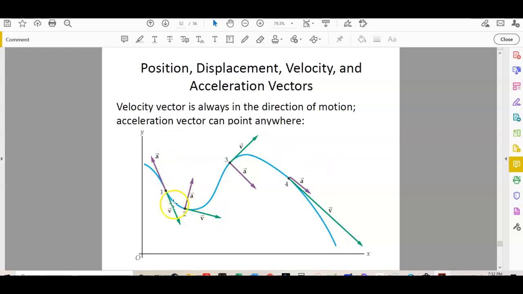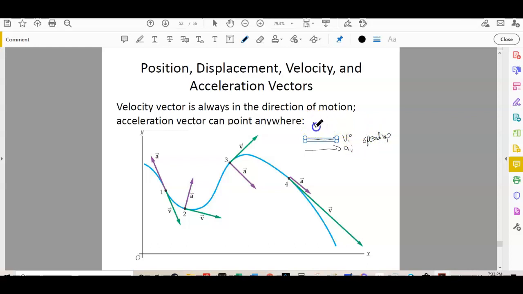Well, even though you know the direction of the velocity vector is always a tangent line, the acceleration vector can be pointed anywhere, okay? And the acceleration vector, if an object is speeding up, again, let's review. If an object is speeding up and the velocity vector is this way, that means the acceleration vector is going to be in the same direction. So that's speeding up.